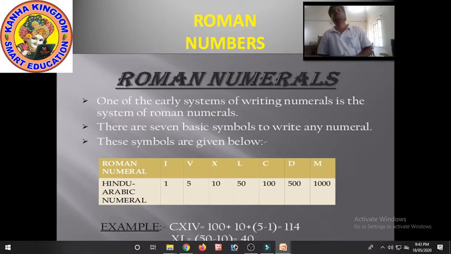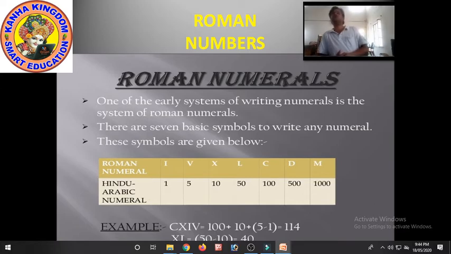Now our another topic. In this topic I will explain the Roman numbers. You all learned these Roman numbers in your very early classes, when you were in first standard.